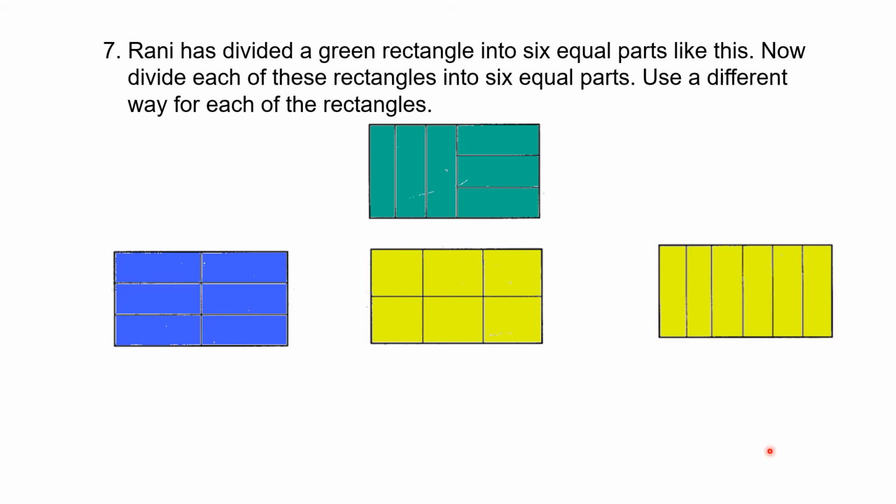This last rectangle is divided into 6 equal parts. We have divided each rectangle into 6 equal parts in a different way. You can see the pictures carefully. Then you can observe each rectangle is divided into 6 equal parts in a different way.